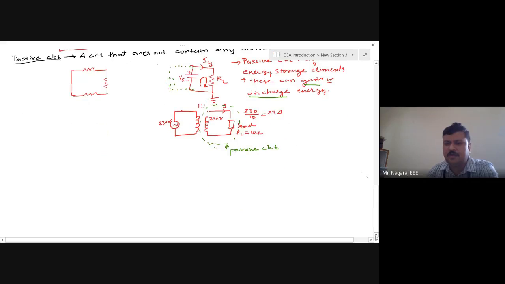But the ability to store energy makes certain elements momentarily active. When it has gained some energy and is discharging, it acts like a battery or an EMF source. So momentarily it is called an active device, but still it is passive in nature.